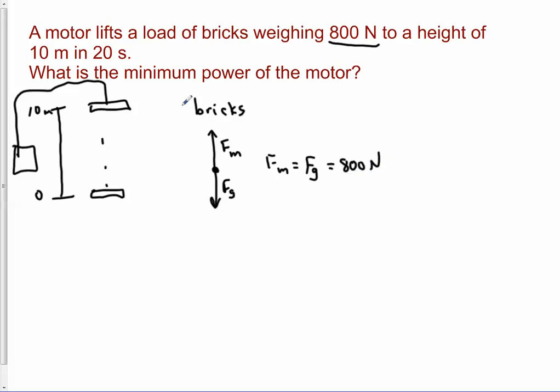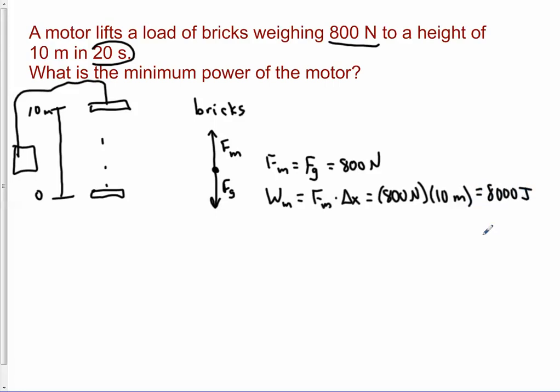Okay, well then, this is happening in... excuse me, not ready for time yet. We have to turn force into energy. So the work done by the motor is force times distance. So 800 newtons times the 10 meters that it travels. The work done by the motor then is 8,000 joules.